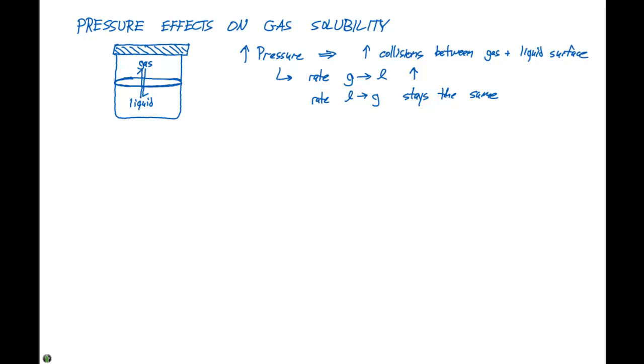So by increasing the pressure, we can make the conclusion that the gas will be more soluble in the liquid when we increase the pressure.